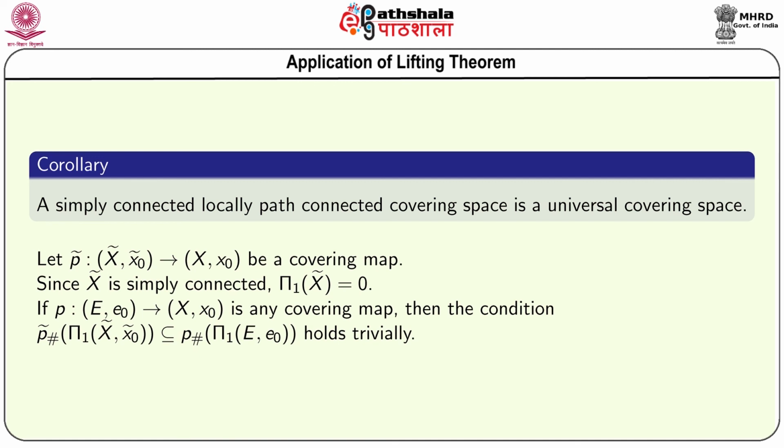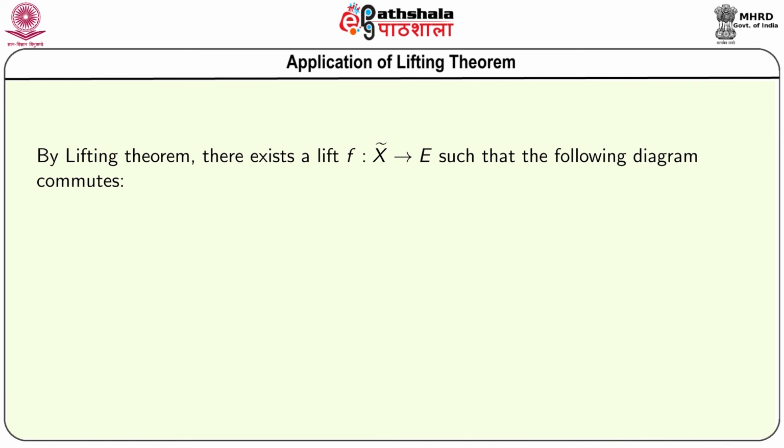If P is any covering map from a space E to capital X, which takes the point e0 of capital E to x0, then the condition of the theorem holds trivially. Now, by the lifting theorem, there exists a lift F from X tilde to E such that the following diagram commutes.